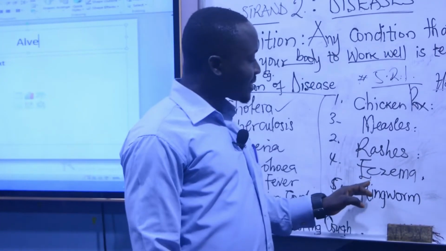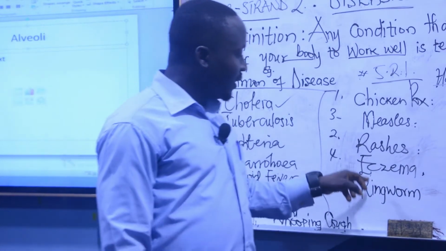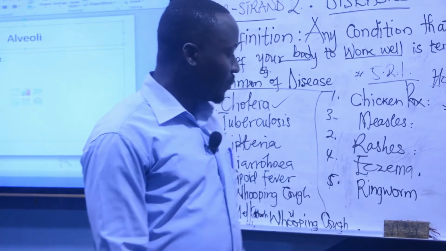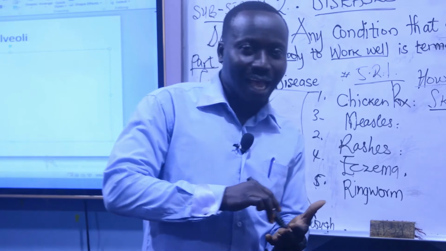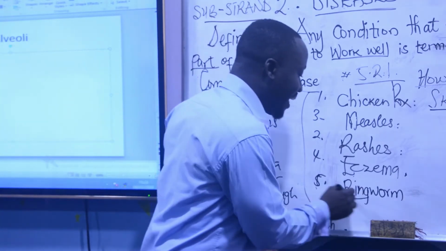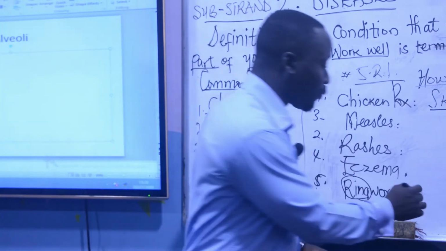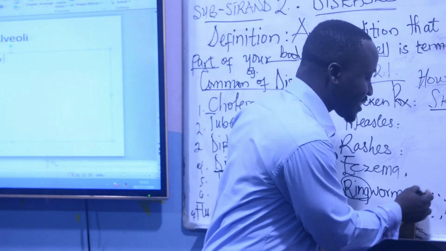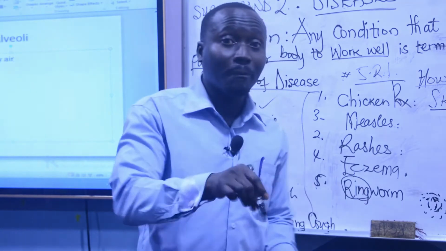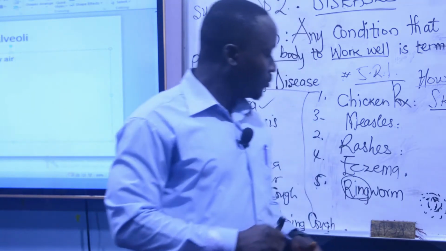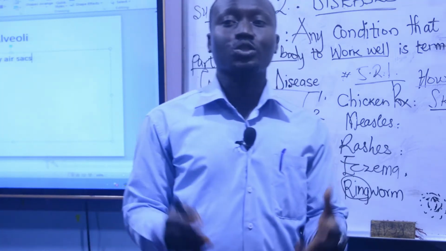The next one is the ringworm. Look at a ringworm. It actually develops, as the name implies, in a ring form or in a circular form. They are just like the rashes, but they gradually spread in a circular form, which is actually caused by worms.